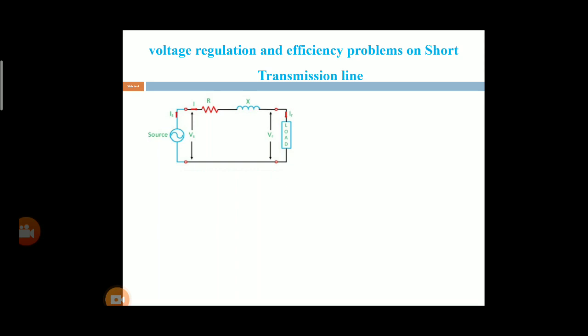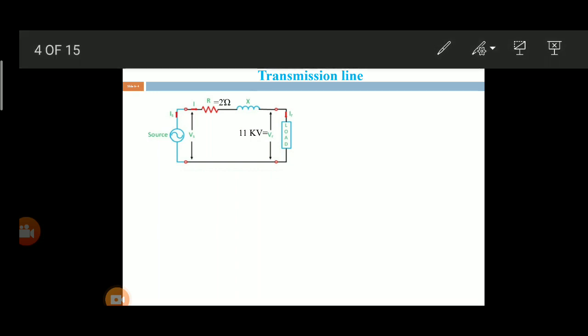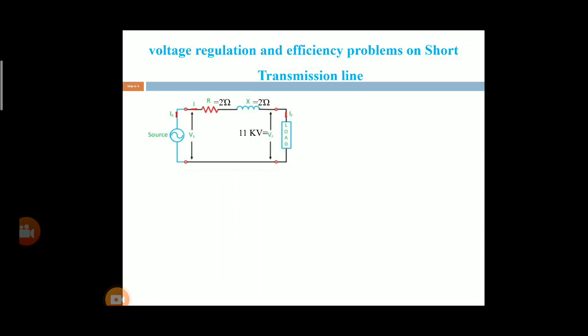In the given data we consider the resistance value, reactance value and receiving end voltage. The receiving end voltage VR is equal to 11 kilovolts. The resistance value is equal to 2 ohms.